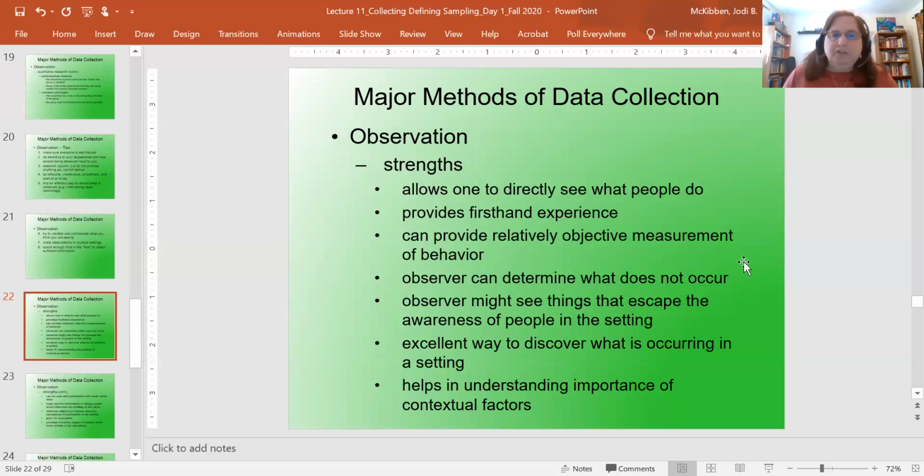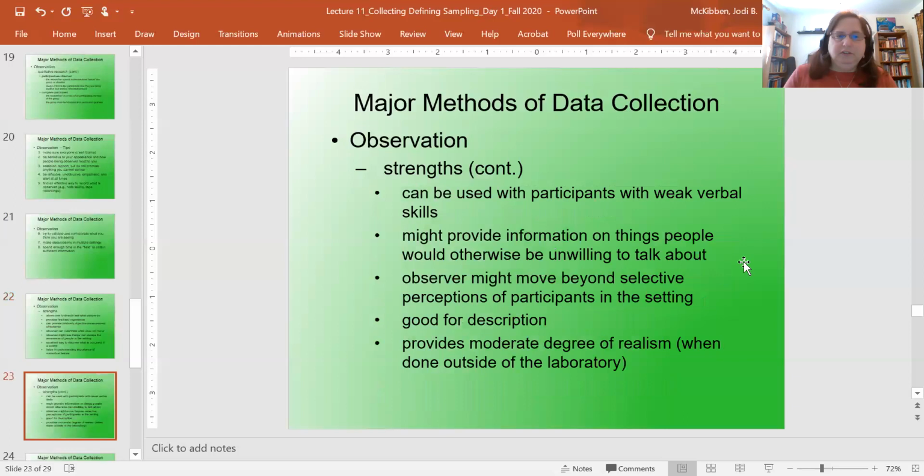It can help in understanding the importance of outside factors, of what's going on in the context of everything. It can be used with participants with weak verbal skills. It might provide information on things people would otherwise be unwilling to talk about.